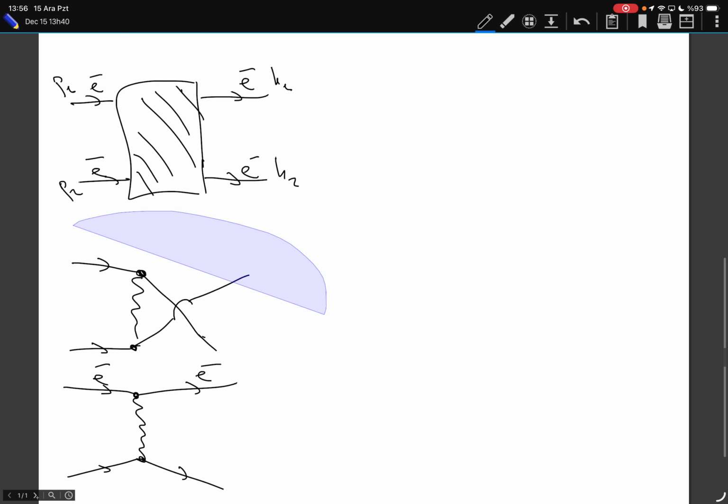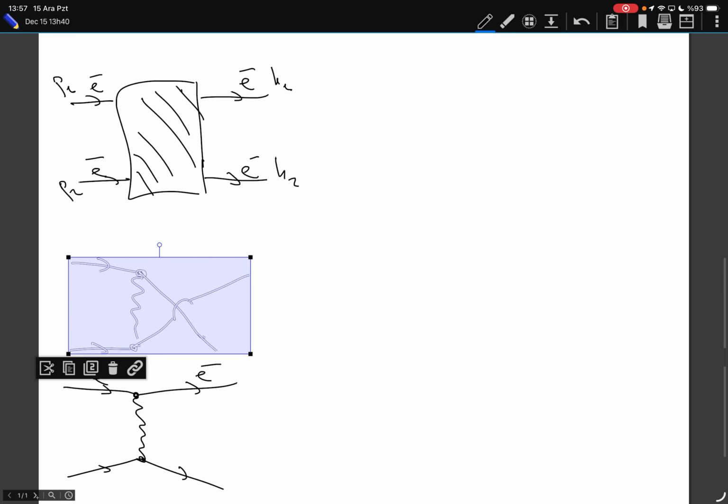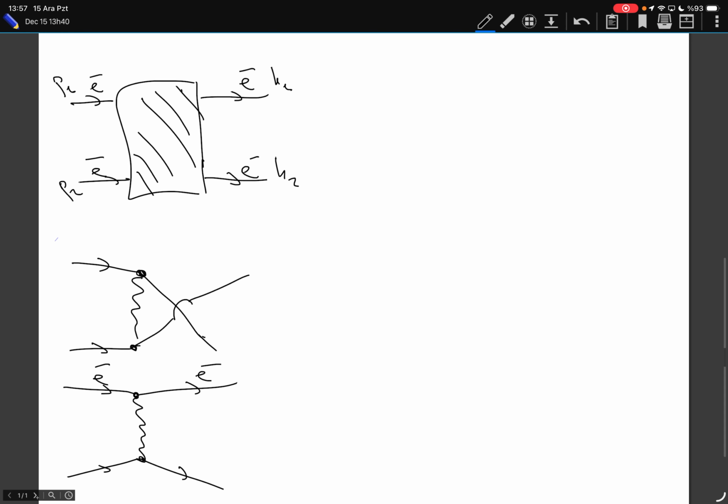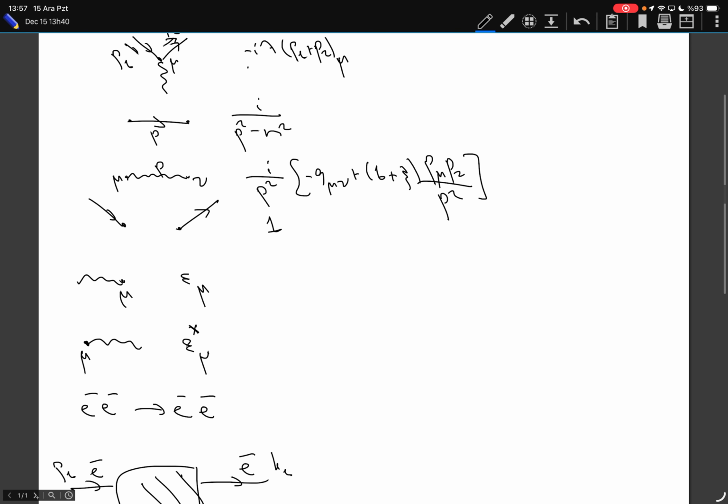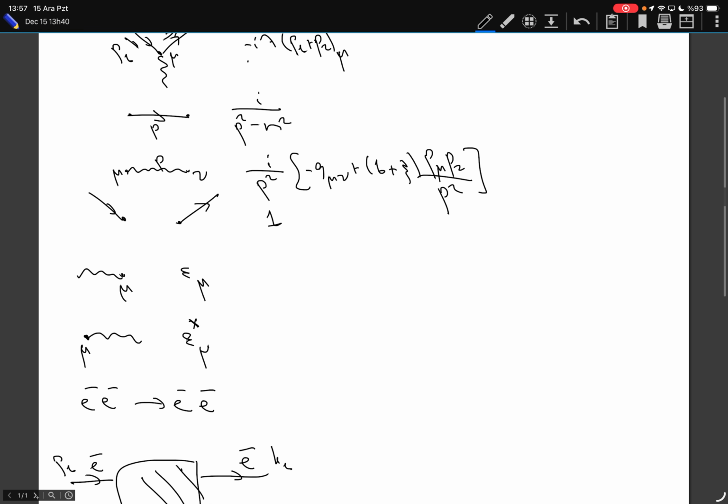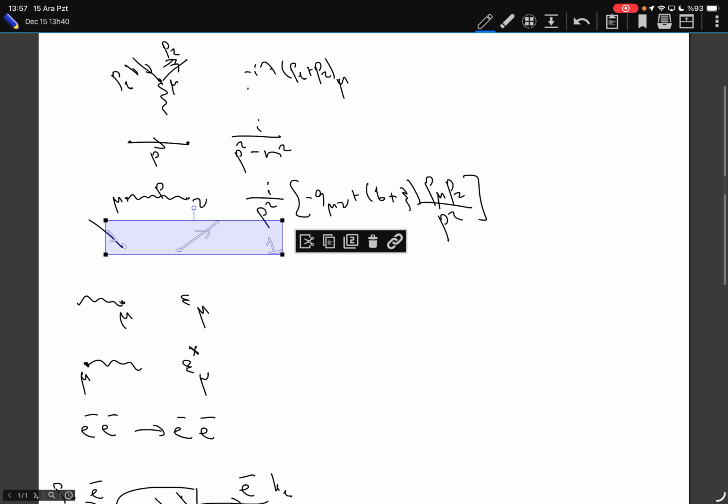You see, this is my jigsaw puzzle. It is made up of many different parts. So what I need to do now is multiply the corresponding mathematical expressions for each part. Here I have an incoming scalar line. If you look back to our Feynman rules, for incoming and outgoing scalar lines the corresponding factor is 1.